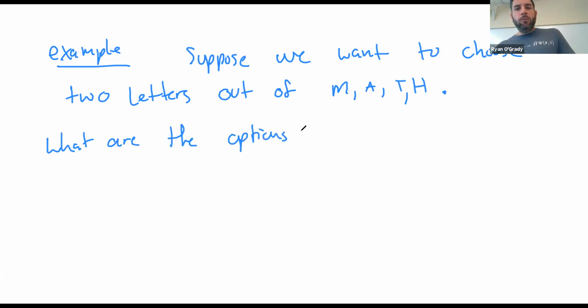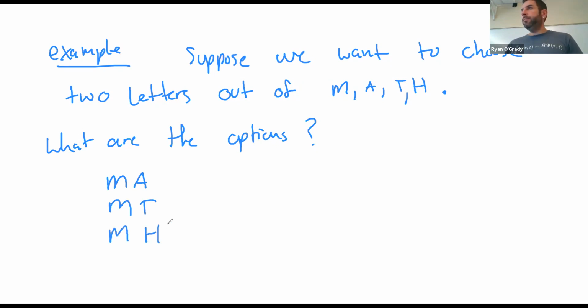Well, let's just go straightforward. Let's choose that I pick M first. So I can get M and then A. And then if I get M first, I can also then get T, and I can get M first and then H.